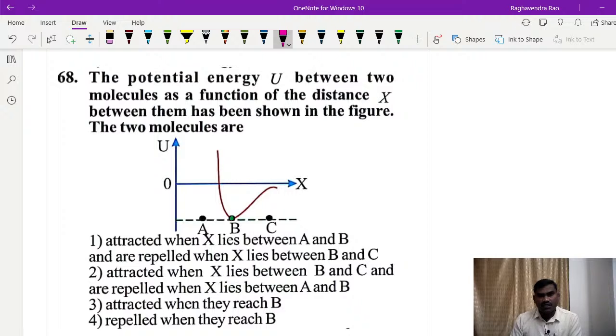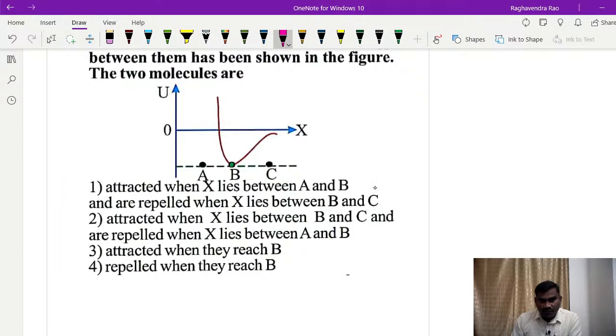See this question: the potential energy U between two molecules as a function of distance x between them has been shown in the figure. You see now, what is this point? This is the point where attractive and repulsive forces are balancing with each other. That is called equilibrium separation R0, and the net force will be equal to 0.